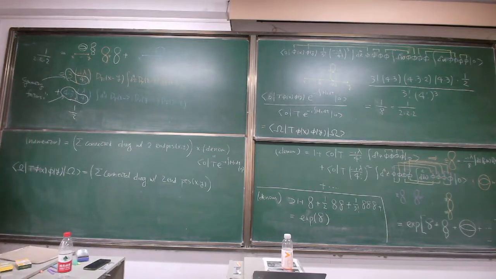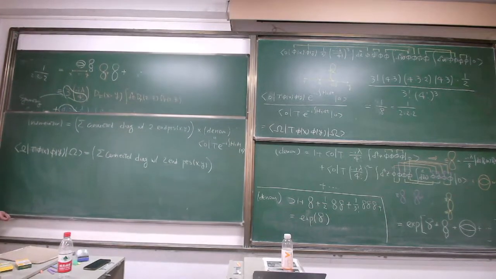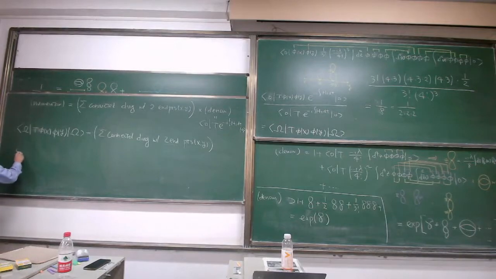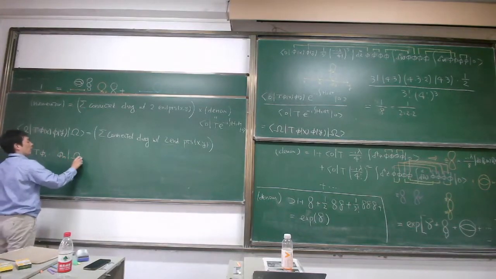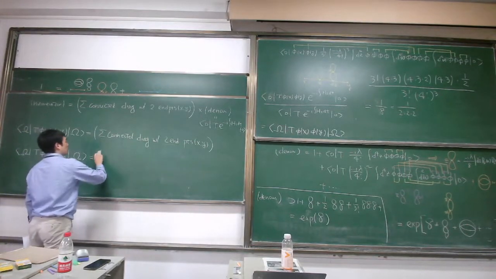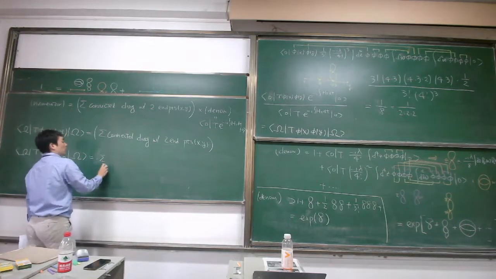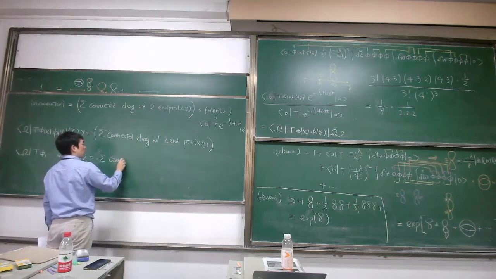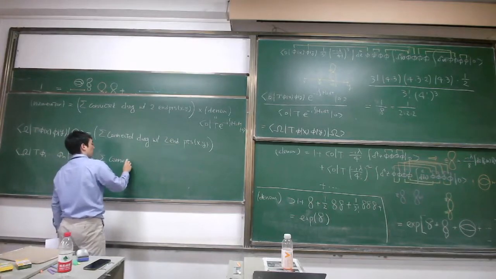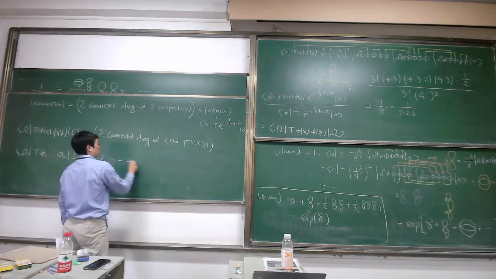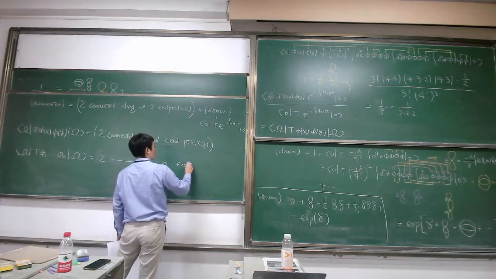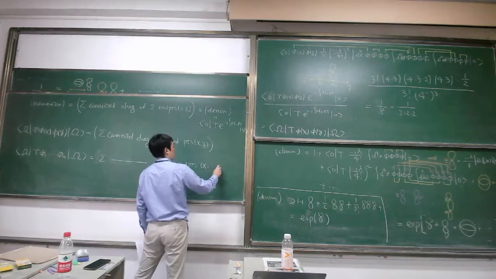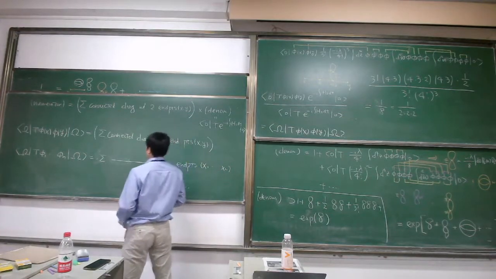And you can play the same thing for the multi-point function. So omega T phi 1 dot dot phi n omega is equal to the sum of connected diagrams with n endpoints, x1 dot dot xn. Oh my goodness.